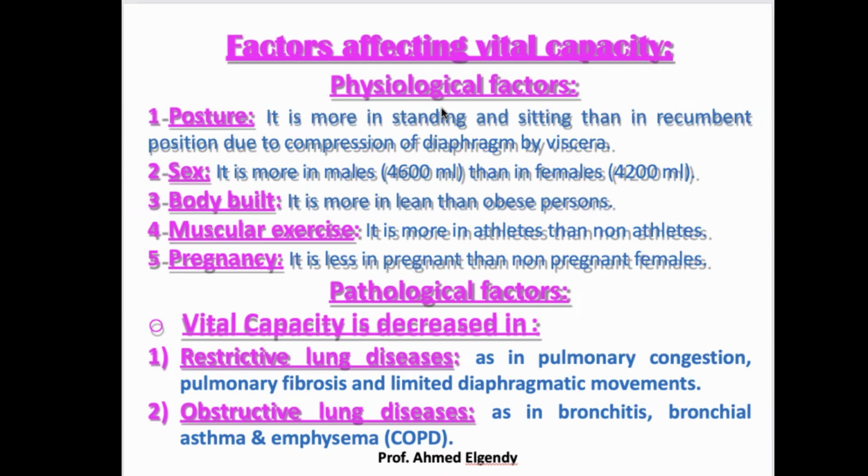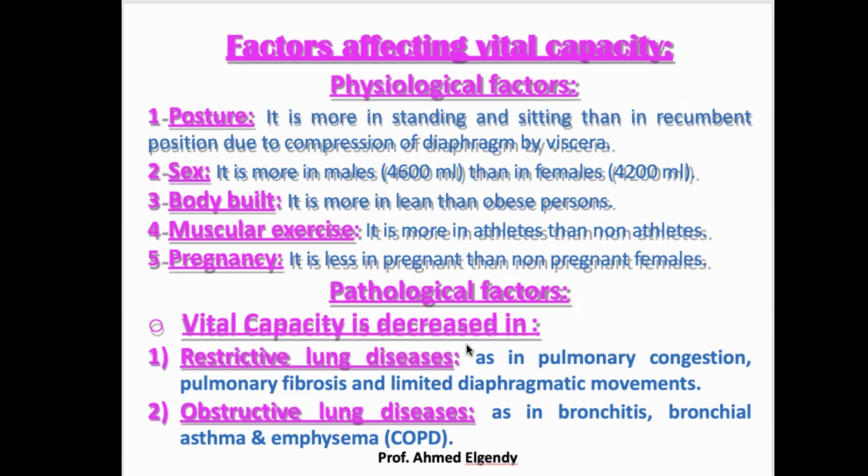Sex: it is more in male than in female, 4,600 in the male and 4,200 in the female. Body build: it is more in lean than in obese persons. Muscular exercise: it is more in athletes than non-athletes. Pregnancy: it is less in pregnant than non-pregnant women.